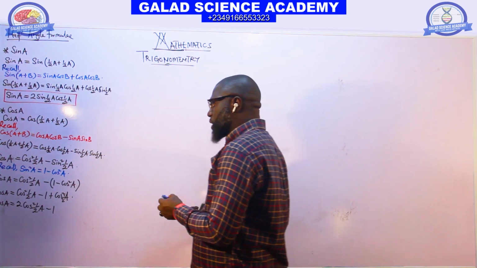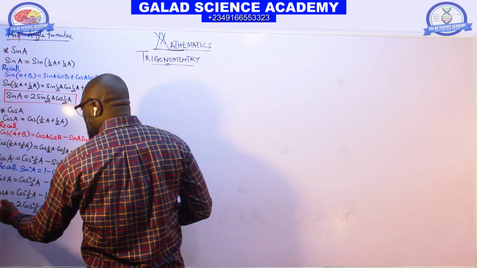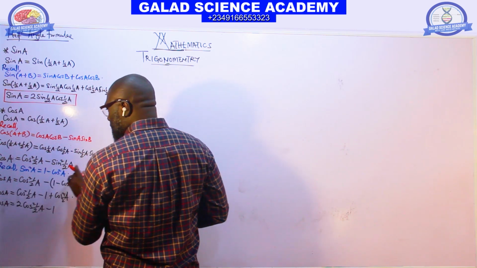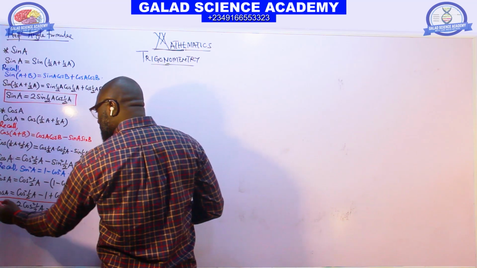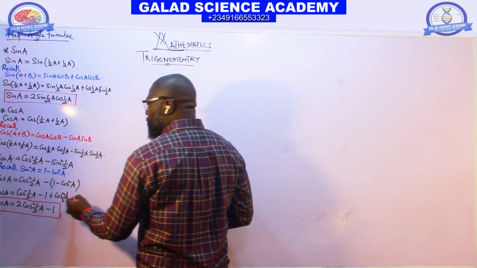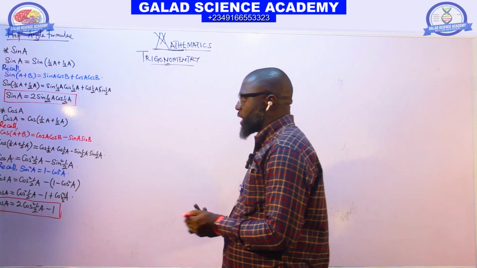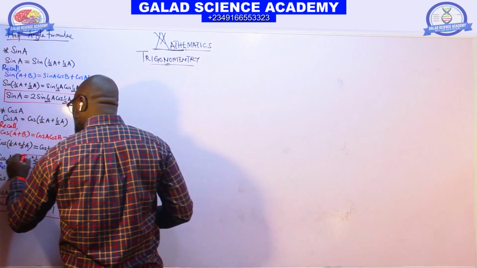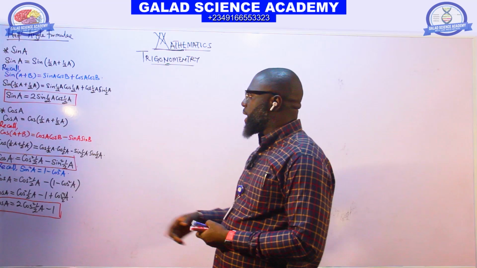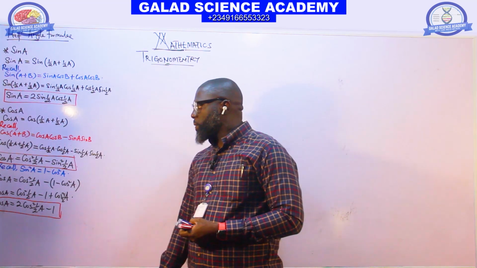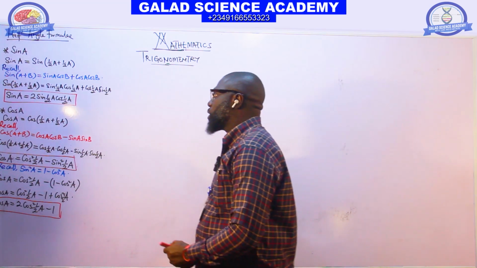So this is another way of writing the formula for cos A. You know that this cos A can be in this form too, by removing this to be this. So cos A.